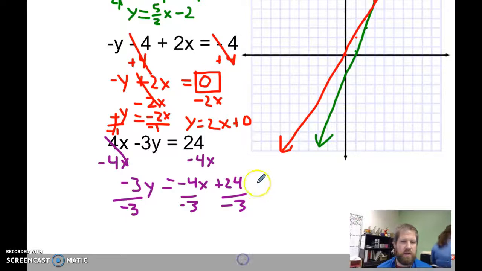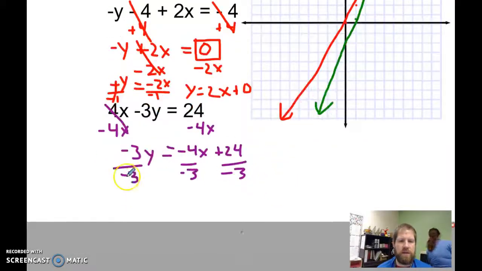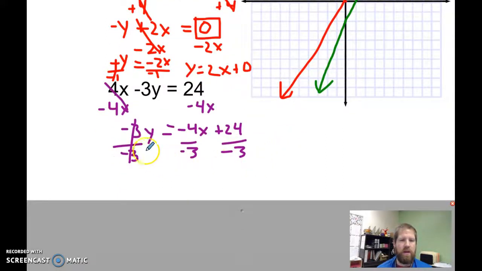And this is the situation that a lot of students will mess up. If you're dividing to get your y by itself, every other term you need to divide by the same number. You can't just divide 2 terms and leave this as 24. It'll be the wrong answer.